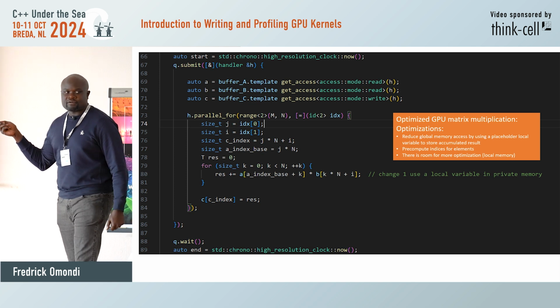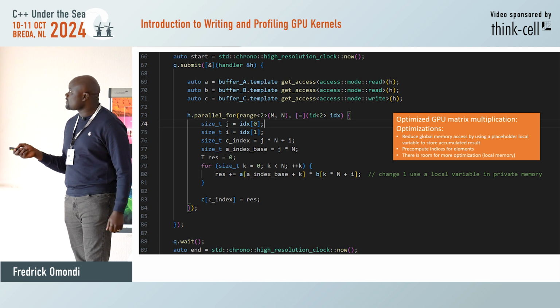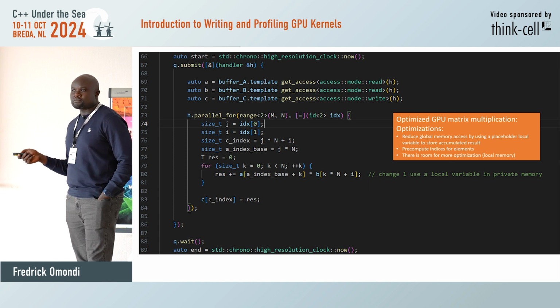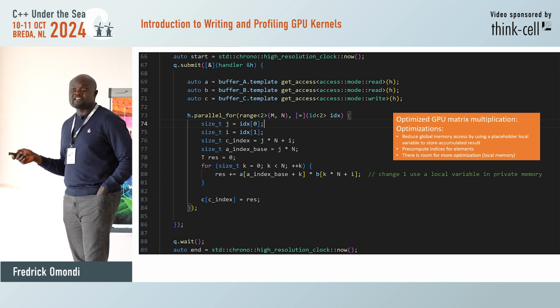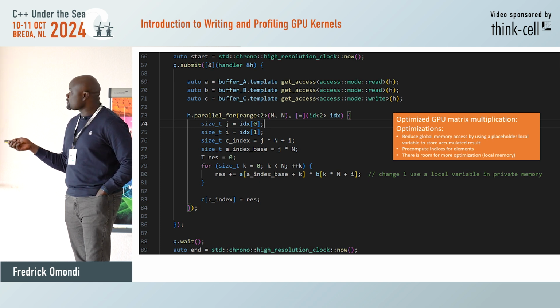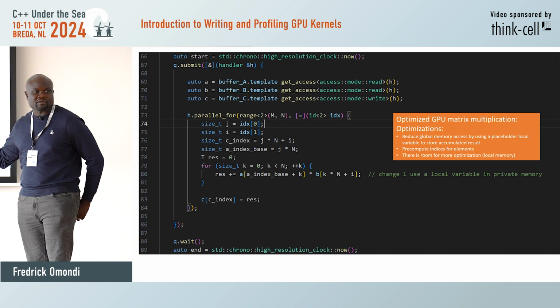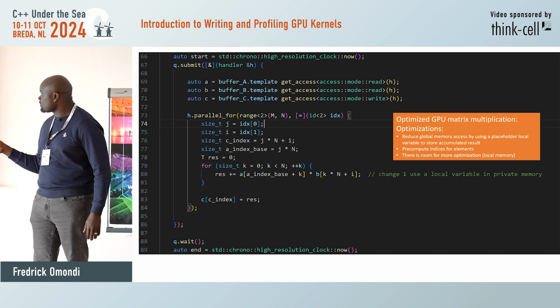Theoretically, the previous naive kernel took 16 seconds, and this optimized one took 6 seconds. Just by reducing the memory accesses, that was enough to give over 50% performance boost.